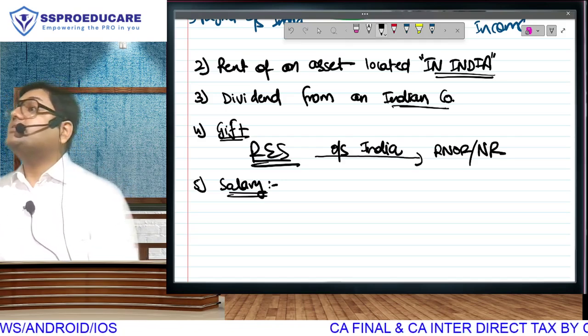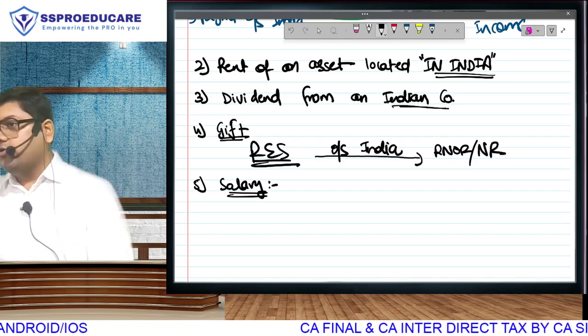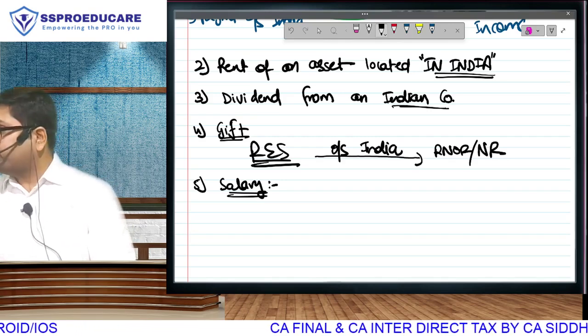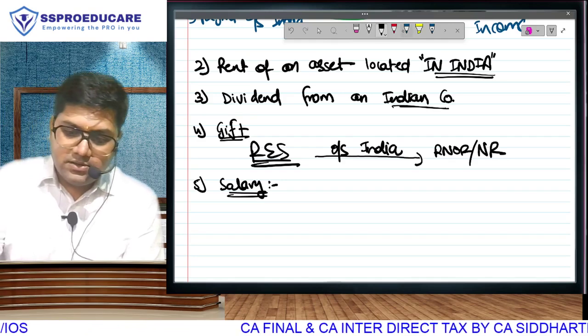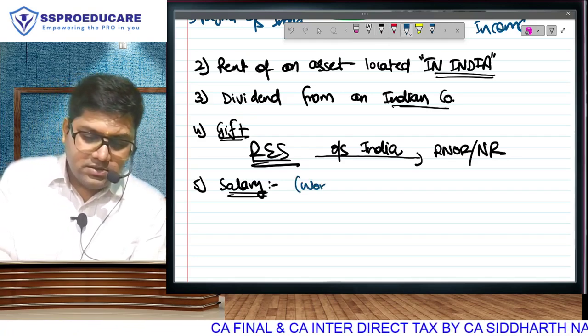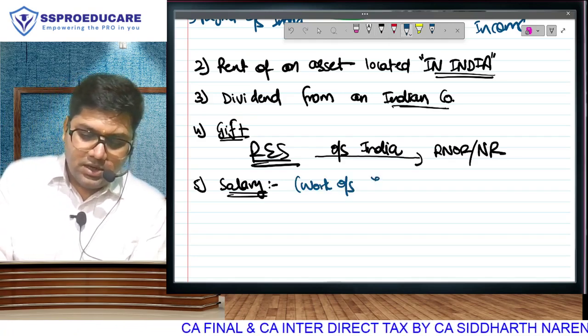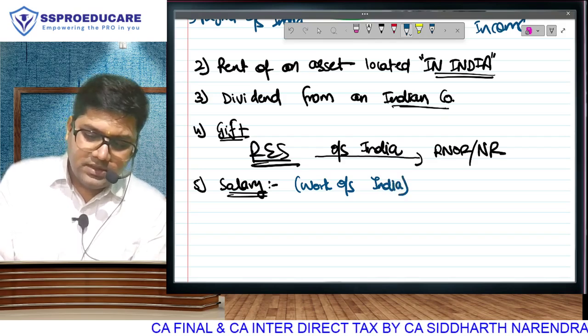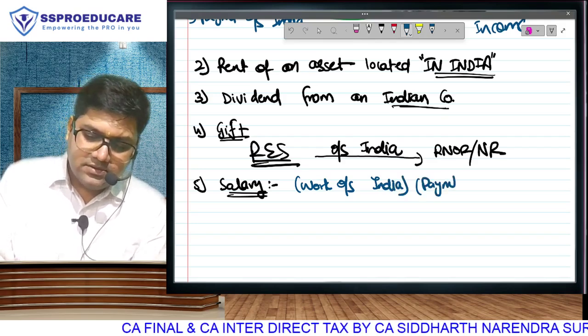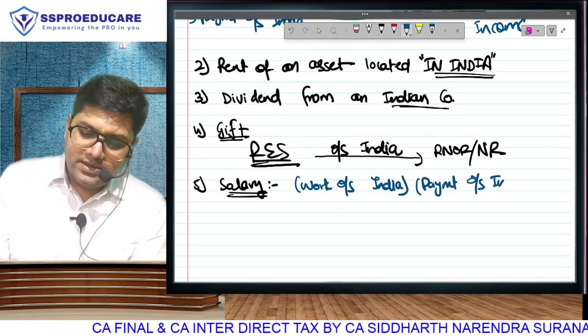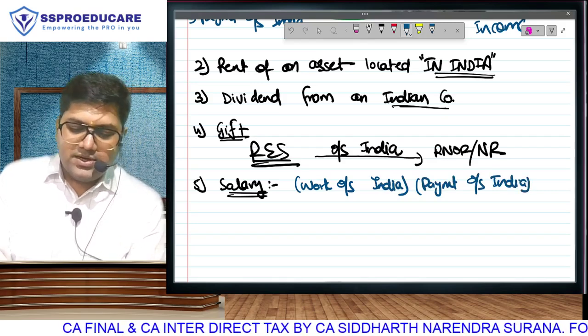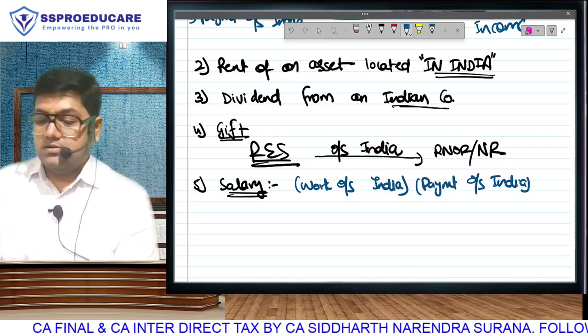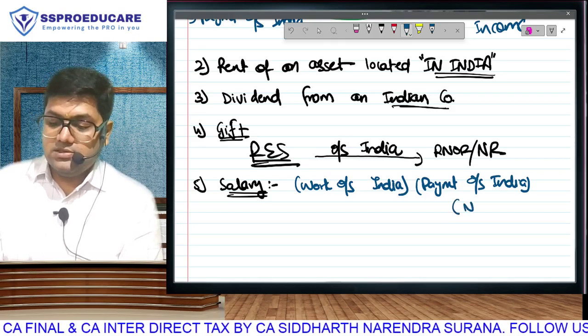Now, as far as income in the nature of salary is concerned, do you agree here there will be work as well as payment? So let's be clear. Work done outside India. Payment received outside India. The receiver is non-resident.